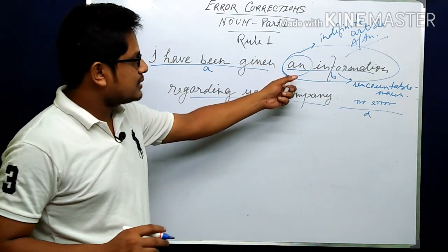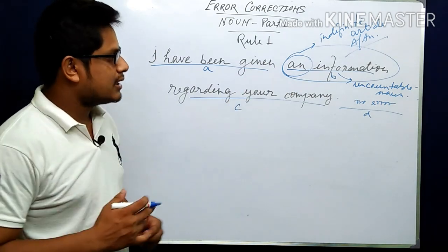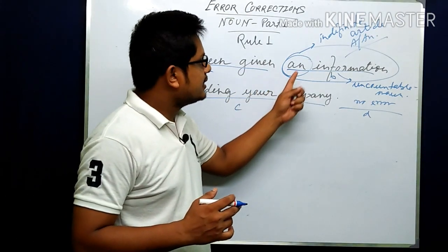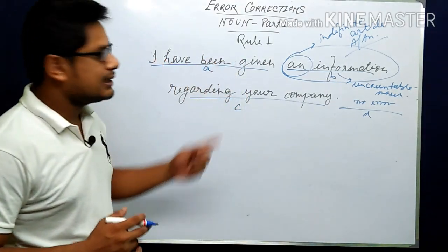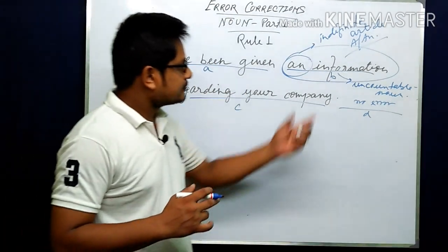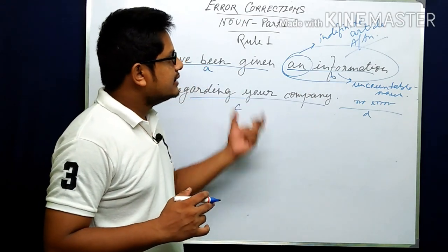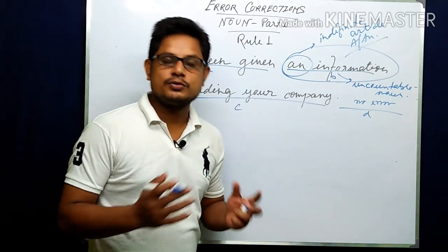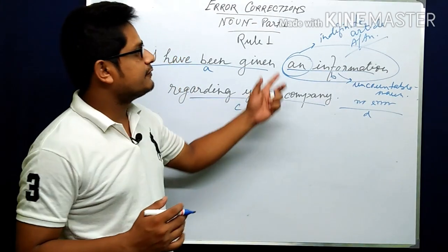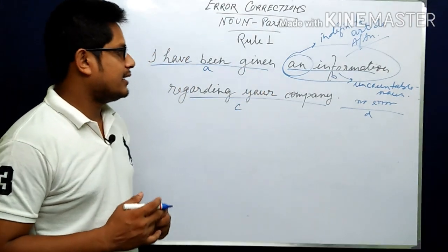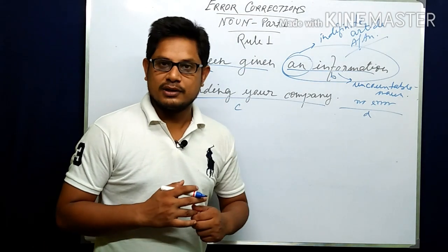Now in this part, information is an uncountable noun and an is an indefinite article. But rule number 1 says that an uncountable noun and an indefinite article cannot be used together. Clear? So you cannot use any indefinite article, that is a or an, before any uncountable noun.